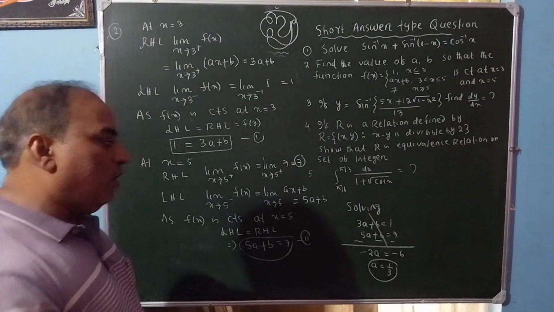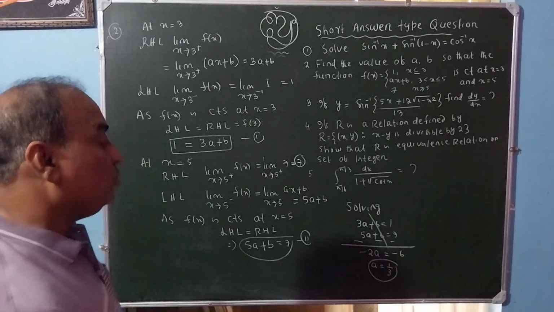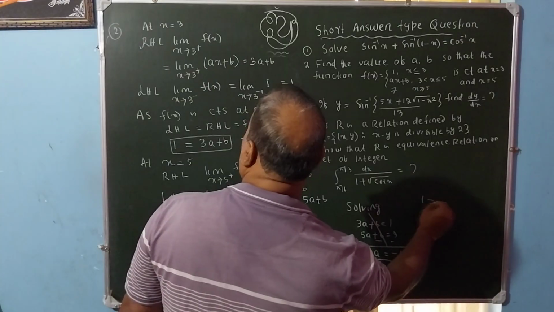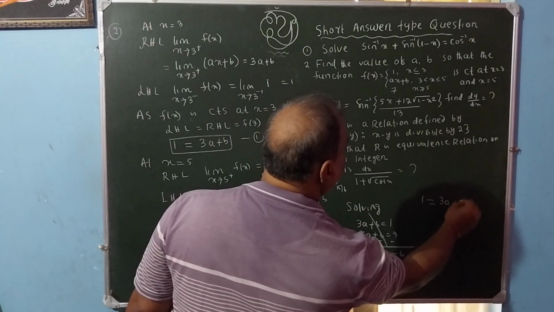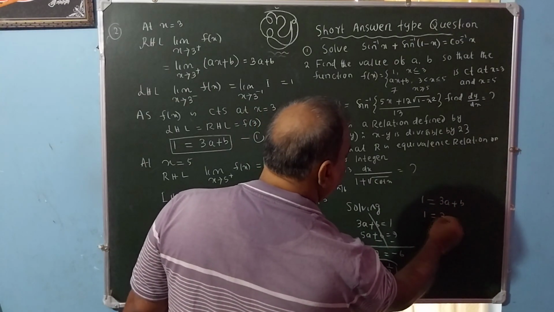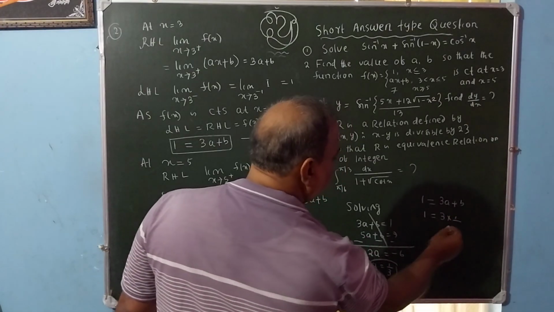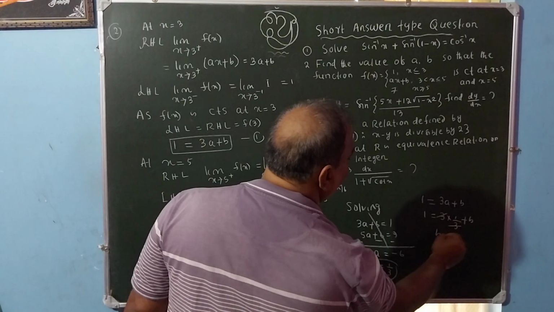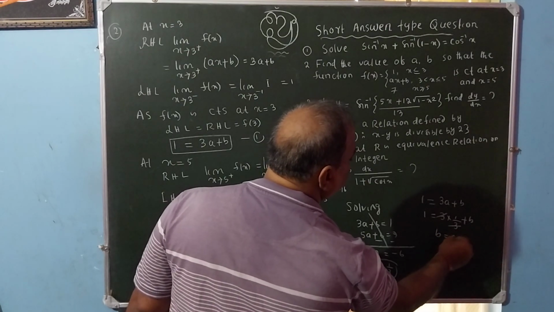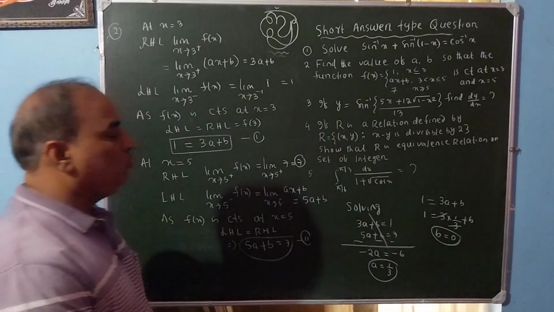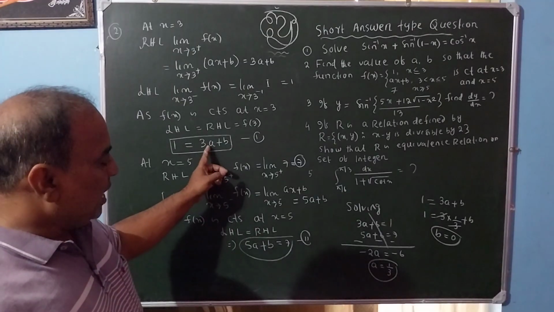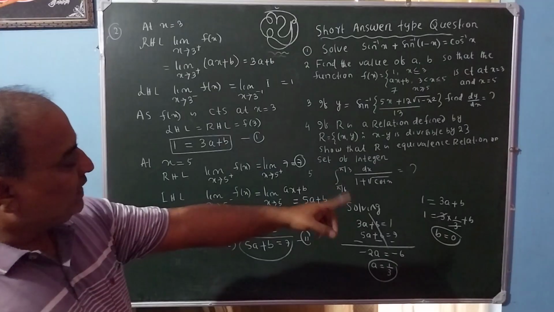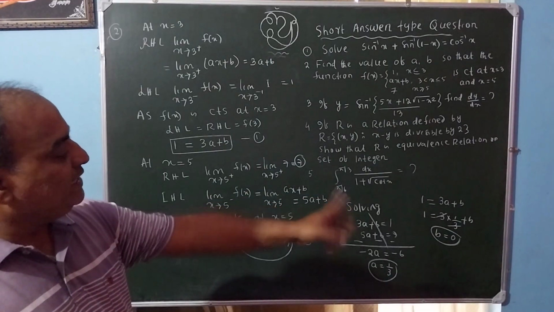When a comes out, b will come out easily. Putting the value of a here: 1 is equal to 3a plus b. So 1 is equal to 3 into 1 by 3 plus b. 3 cancels, so b is equal to 0.